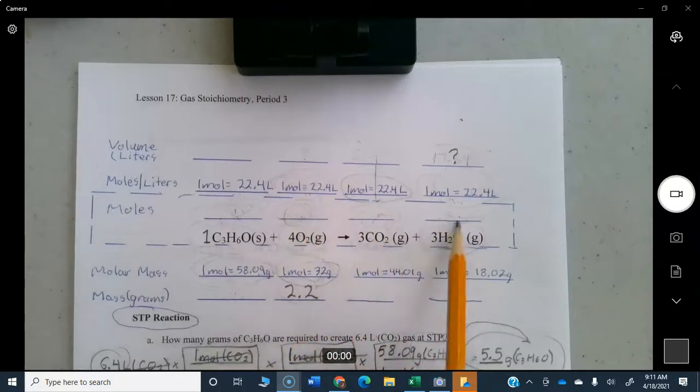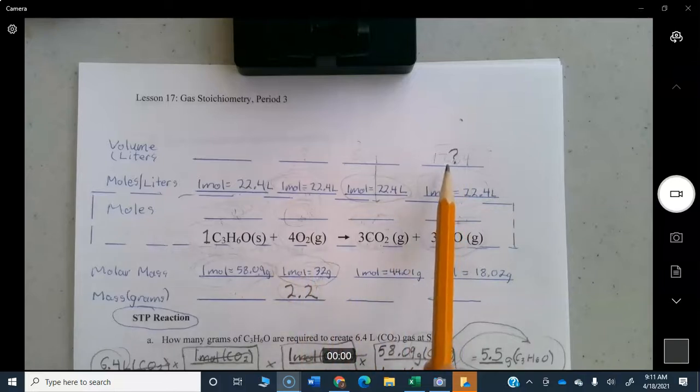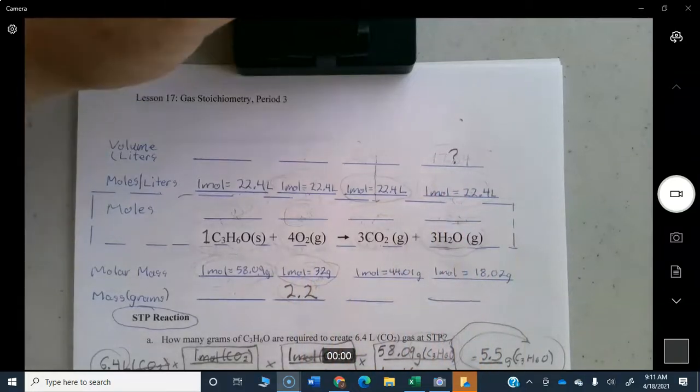That gets you across to here. And then you use the moles to liters conversion to get from here up to here to your final answer. Okay, so it's 3 conversions. It's going to start with 2.25 grams of O2 and end with some number of liters of H2O. So see if you can write this out on your own.